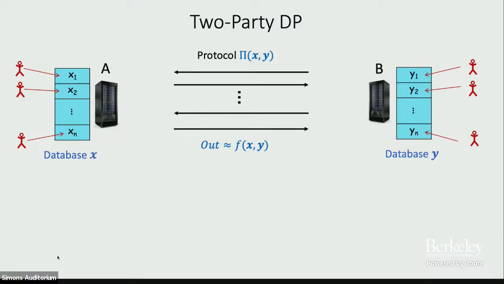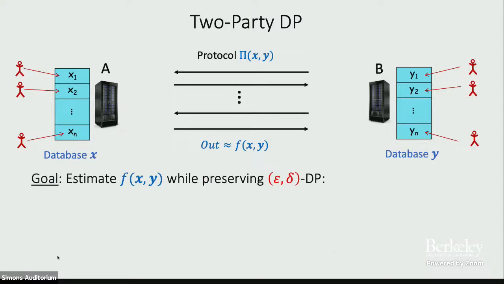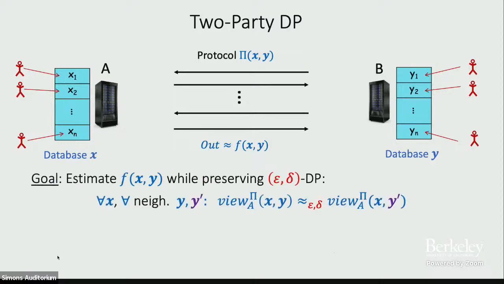This is the two-party differential privacy case, and the privacy notion we want to achieve is that the view of Alice in the protocol will preserve the privacy of the participants in the database of Bob, and the view of Bob in this protocol will preserve the privacy of the participants in the database of Alice.